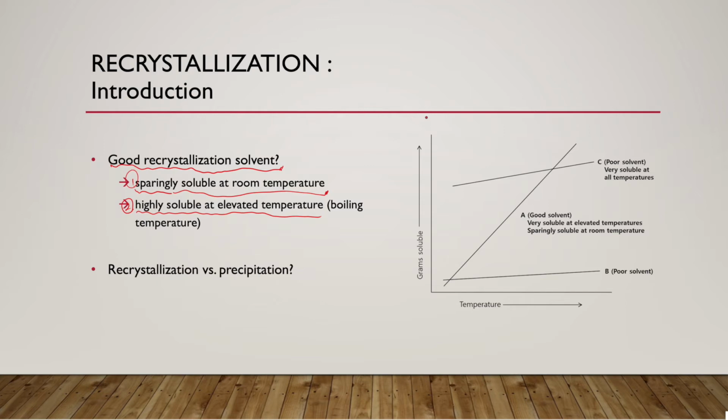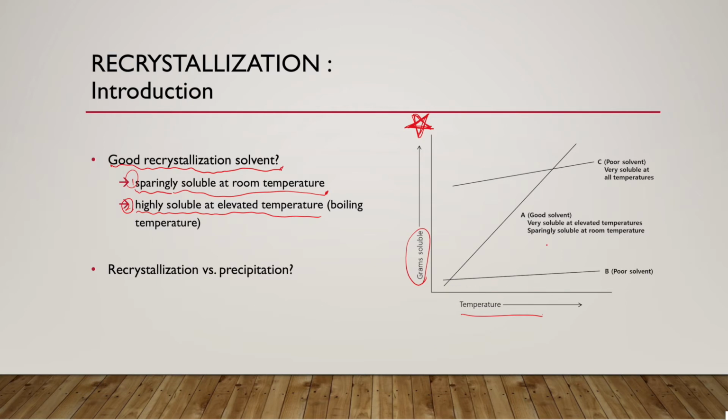If you read the textbook already, you probably have seen this graph. Let's take a look one by one. The x-axis is the temperature, and the y-axis is the grams soluble, which means the solubility of the compound depending on the temperature.